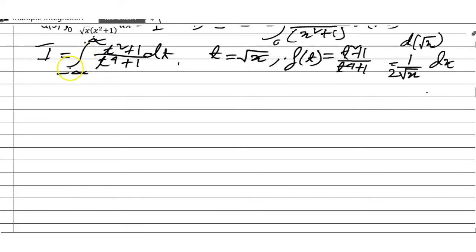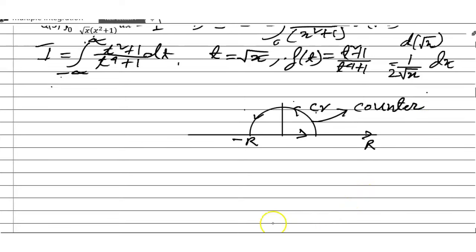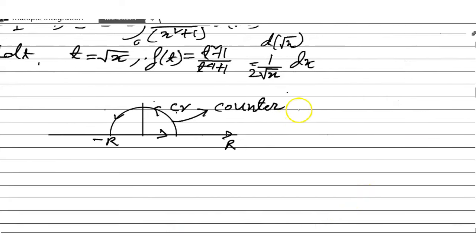Using the above contour, so friends, I draw a contour. Let's try to draw capital R, and this is C gamma, this point, and this is minus capital R, and the arrow is this way. This is anticlockwise, counterclockwise. This direction is counterclockwise. Okay.